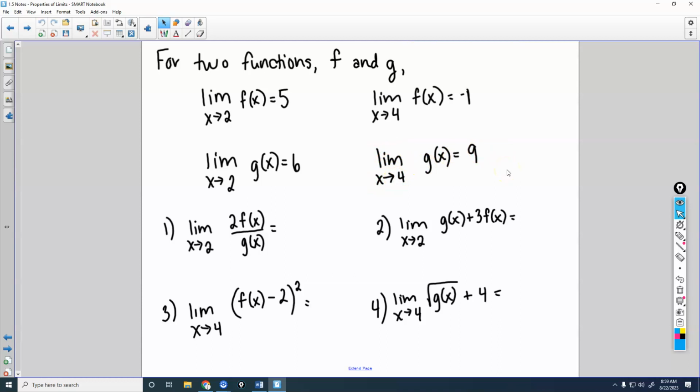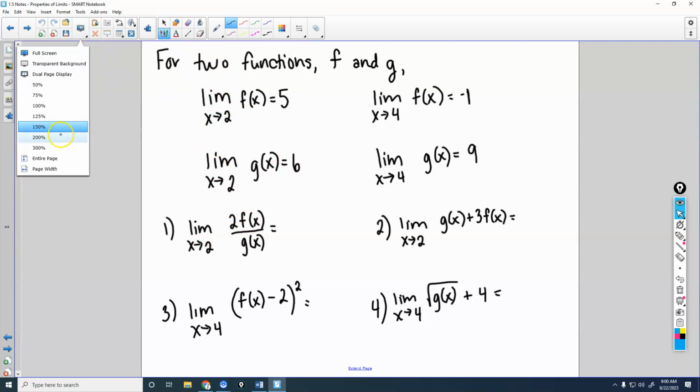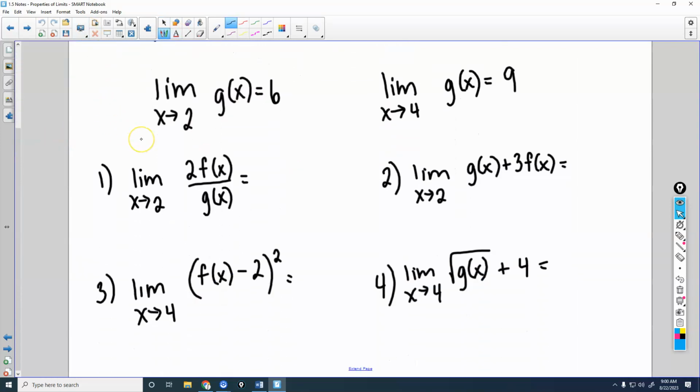Now, I'm only going to do this one time where I write it out the long way, because I would never do that if I was working out these problems. But I want you to see how those properties translate. I can take the limit of the top and bottom of this separately.